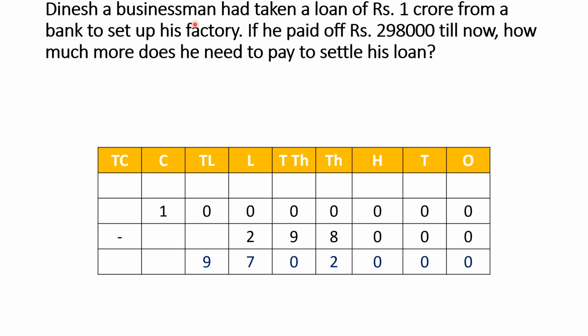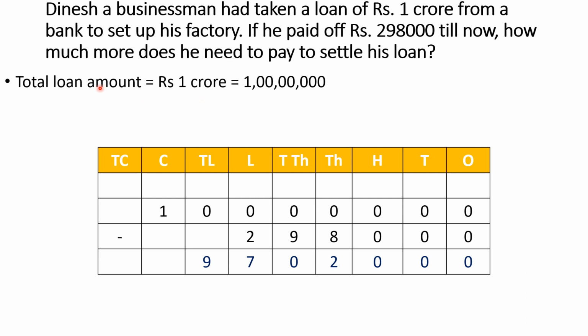Dinesh, a businessman, had taken a loan of rupees 1 crore from a bank to set up his factory. If he paid off rupees 2,98,000 till now, how much more does he need to pay to settle his loan? Now, always understand the question. Dinesh had taken a loan of rupees 1 crore.